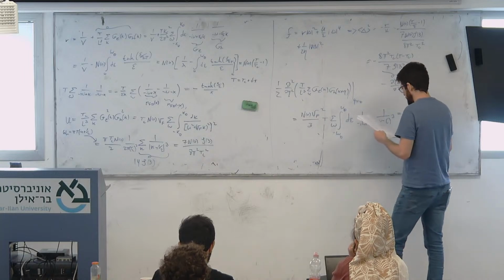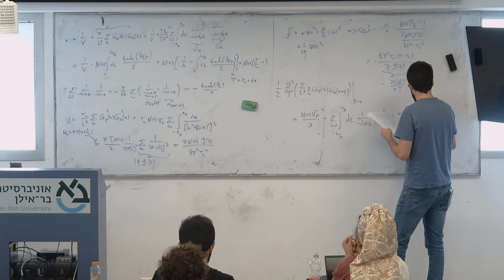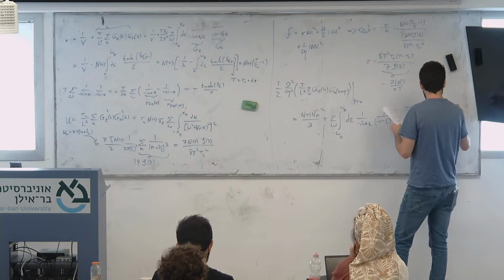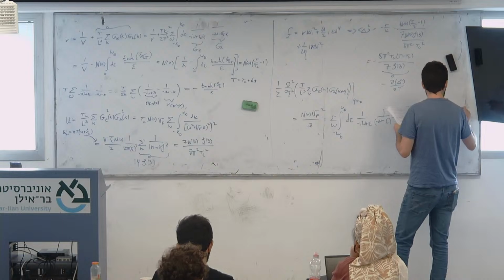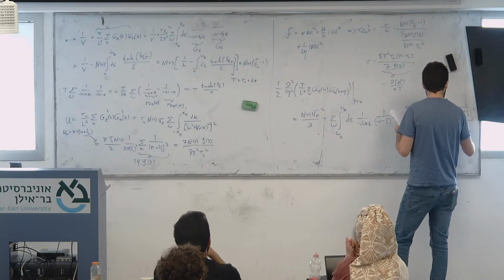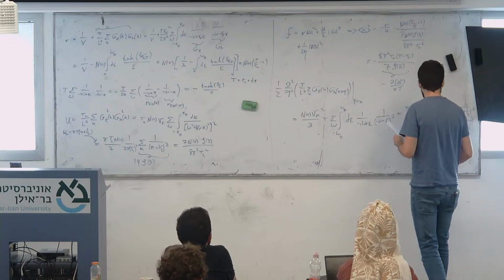Which gives us pi n(0) v_F squared divided by 12, 1 over 8 pi cubed T squared, sum over n, 1 over n plus 1/2 cubed. This guy is again 14 zeta of 3 divided by 7.